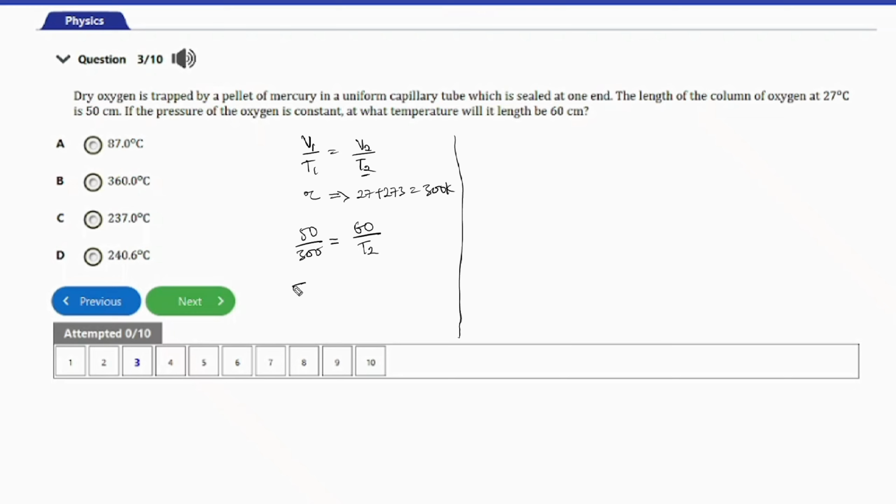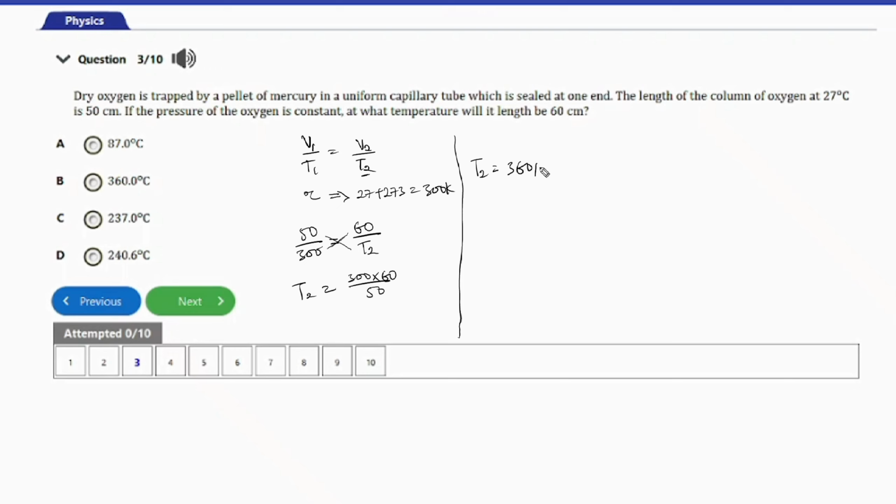So guys, T2 will now be T1 times V2 over V1. So that will be 300 times 60 all over 50. So in this case, we're going to have 360 Kelvin.